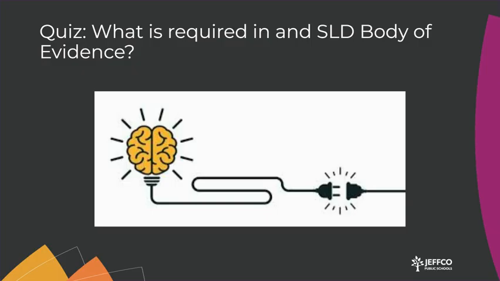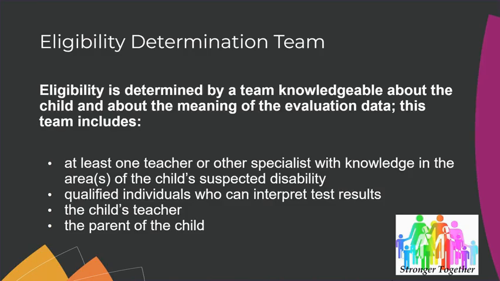Okay, quiz time. What's required in an SLD body of evidence? Remember, it's determined by a team knowledgeable about the child and about the meaning of the evaluation data. We have to have 2 eligibility criteria met for any area of SLD. Is there a gap, and is there insufficient progress given research-based intervention?